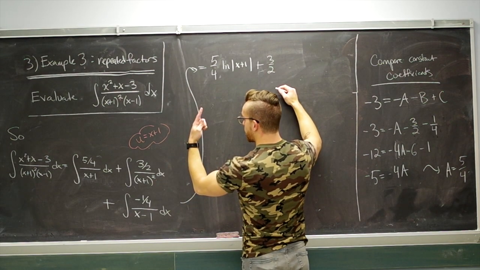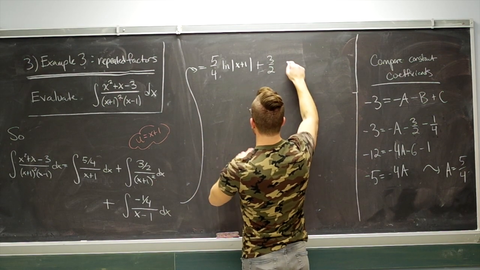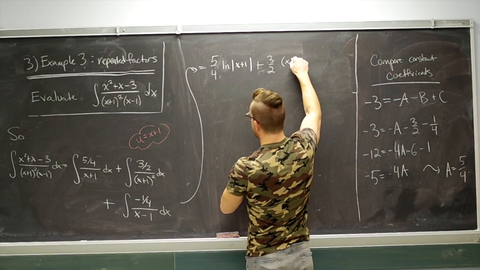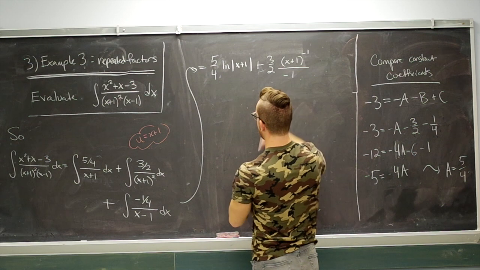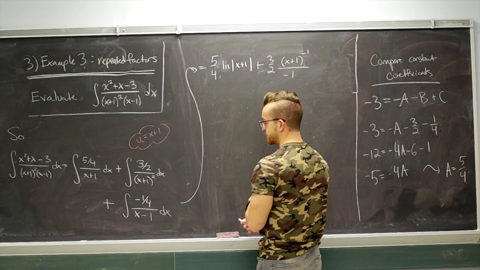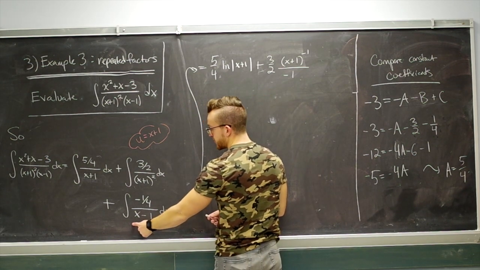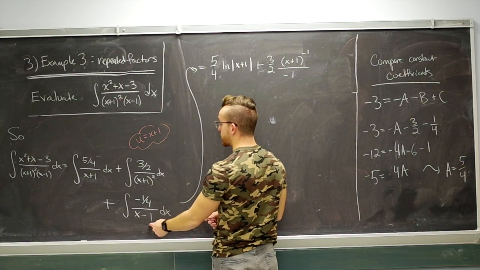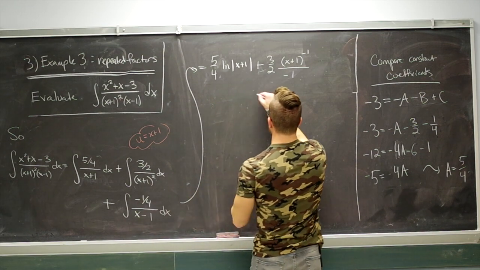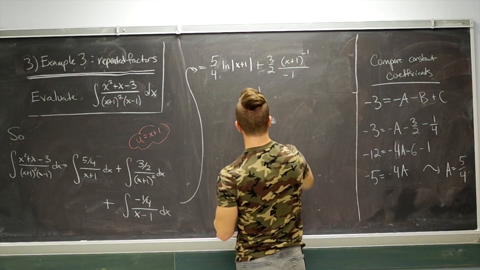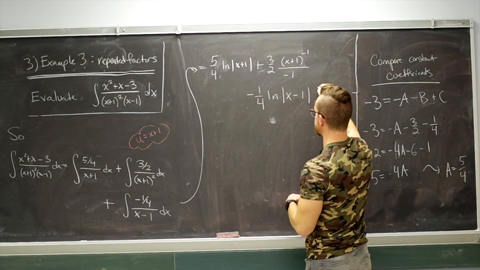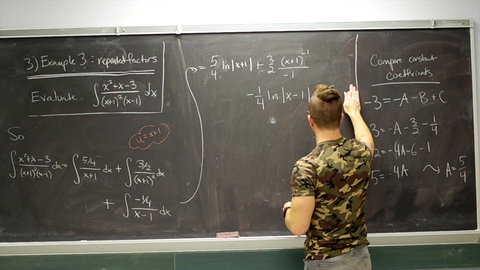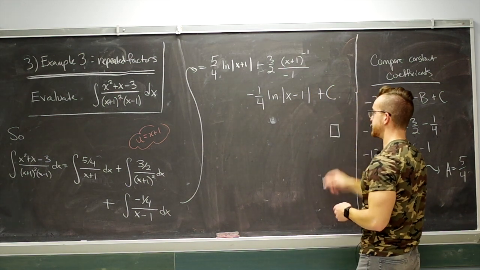Increase the power by 1 from -2 to -1. Divide by the new power. And then lastly, we have this final integral, which is another log. We've got -1/4 log absolute x minus 1, plus C, and then we're done.